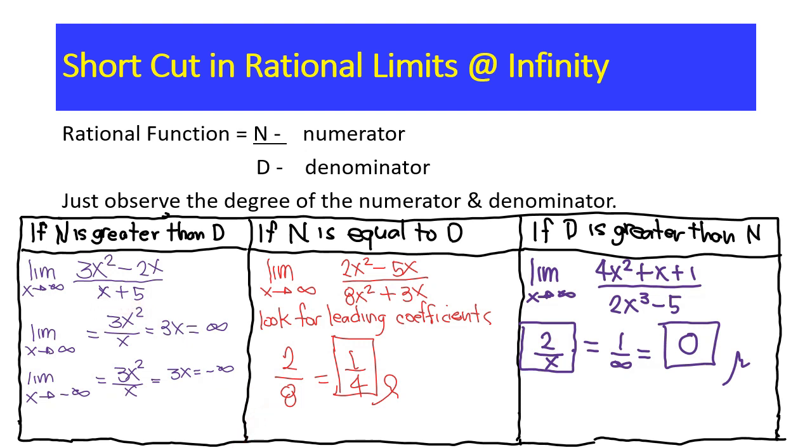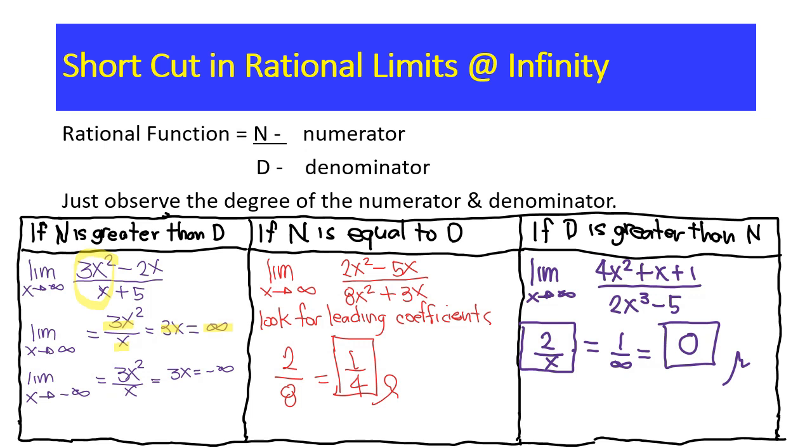Therefore, we will just focus on this one, and what we'll have is 3x squared over x. We will be having 3x. And we know that the constant times x as x approaches infinity will be infinity.